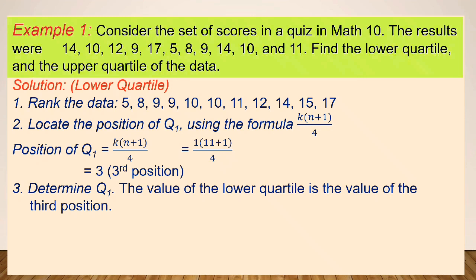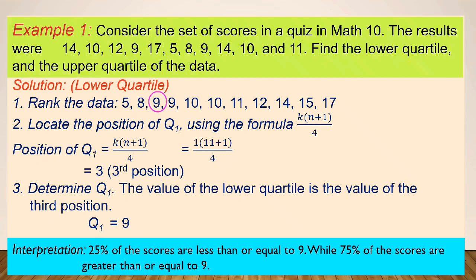The value of the lower quartile is equal to 9. By interpretation, 25% of the scores are less than or equal to 9, while 75% of the scores are greater than or equal to 9.